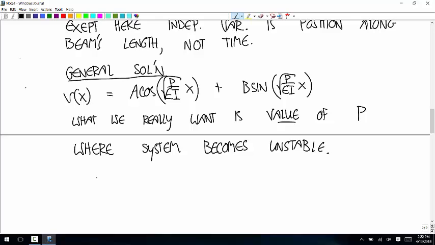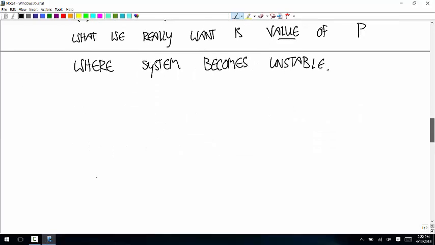And so here's where it's different from dynamics. We have the same general solution, but what we're trying to find is a different thing. So from here on, things are going to look different from dynamics.